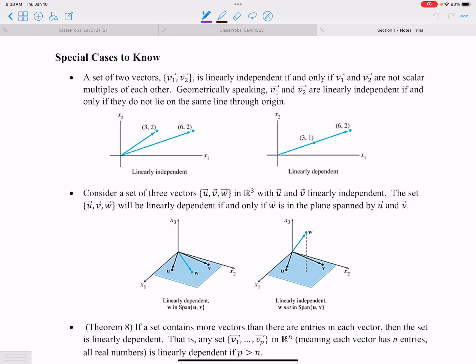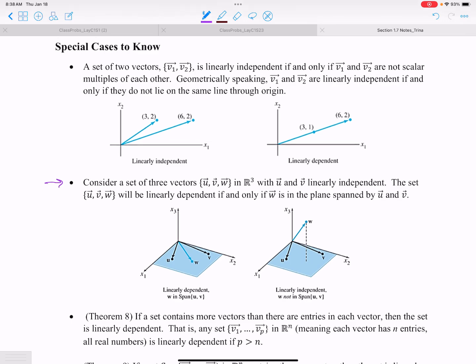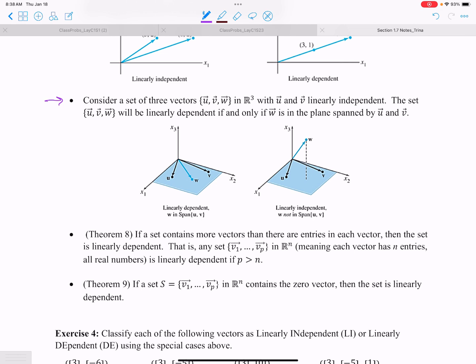So just some special cases. I already kind of mentioned this first one. If you have two vectors, they are linearly independent if and only if they are not scalar multiples of each other. If you have a set of three vectors, u, v, and w in R3, and the first two are independent, the set u, v, w is linearly dependent if and only if w is in the plane spanned by u and v.